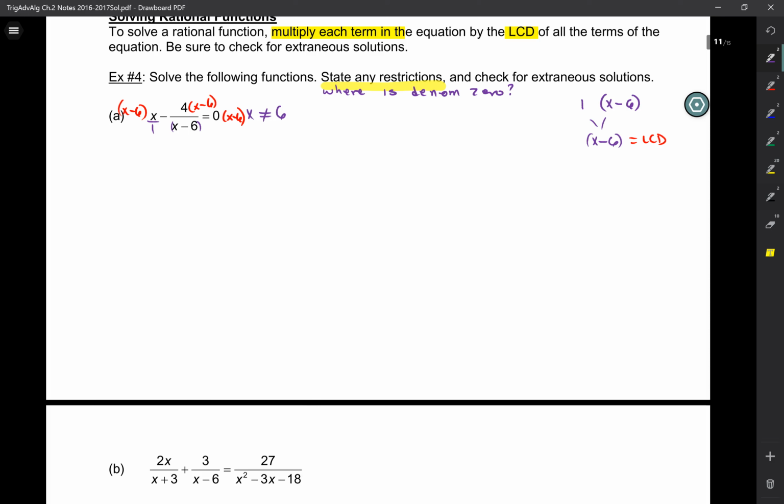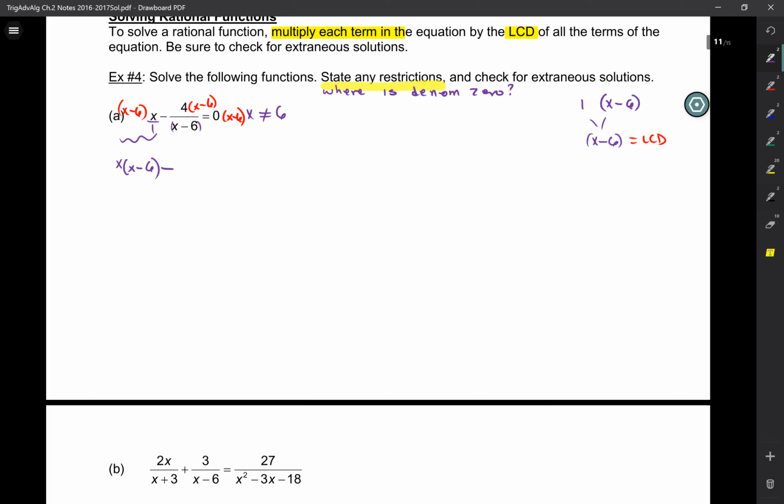We're just doing it for completeness' sake. So here in the first case, I get x times x minus 6. Here, I have an x minus 6 on the bottom, x minus 6 on top. What happens to them? They cancel, you get a 1.